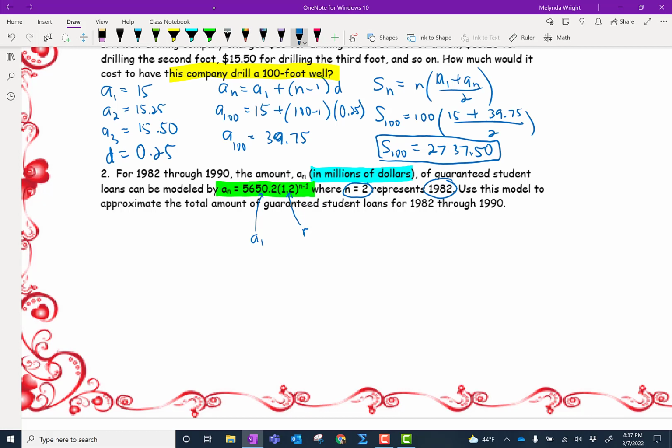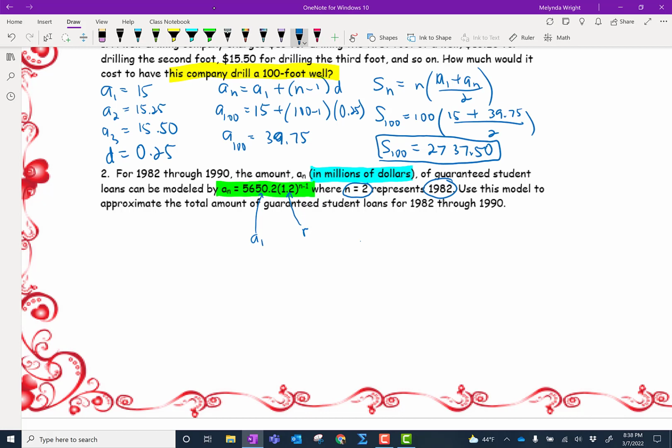So this formula that you see over here in green was created using 2 for 1982 instead of 1982. Okay, so it's actually the second term. I don't know, maybe they wanted to match the 2, who knows. But what that means is we want the total amount of guaranteed student loans. So we need the big sum figure.